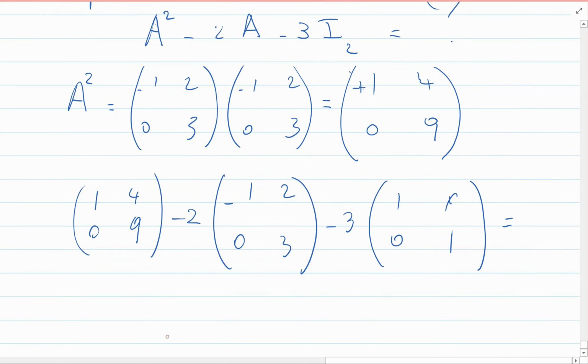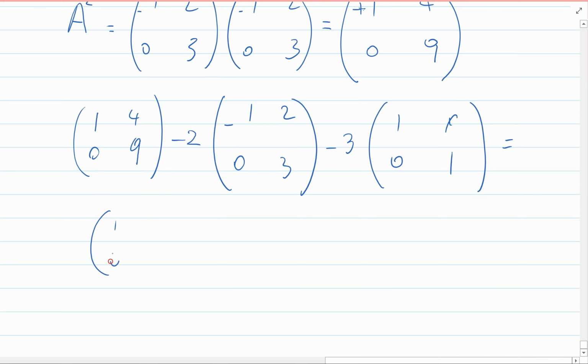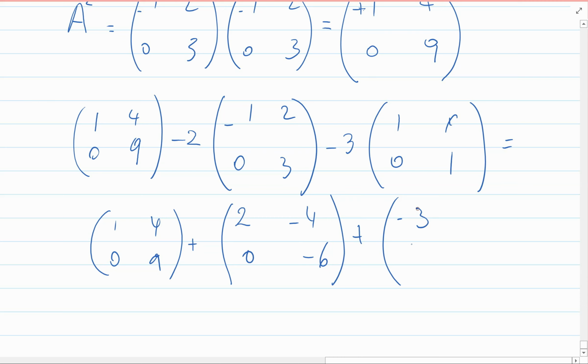So we have [1, 0; 4, 9] plus -2 times [-1, 0; 2, 3], which gives [2, 0; -4, -6], plus [-3, 0; 0, -3]. Okay, so 1 plus 2 gives 3, minus 3 is 0. 4 minus 4 is 0, and 9 minus 6 minus 3 is 0.